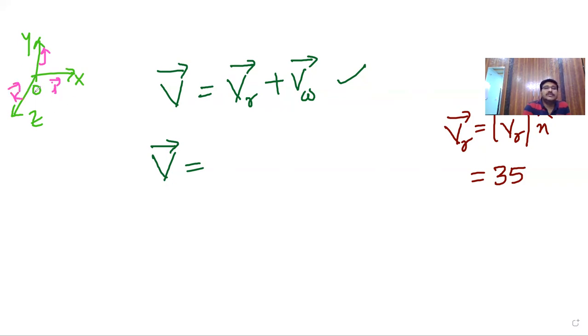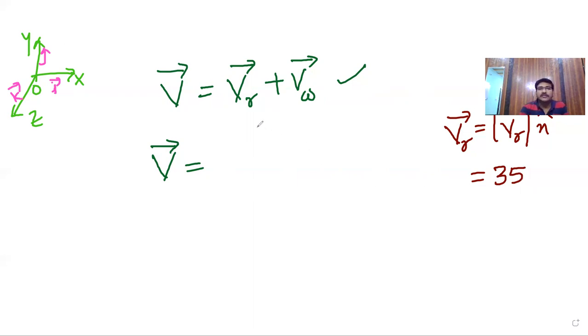These are all positive sides. If I change this to the negative x-axis, it is minus I bar. If I change y to the downward direction, minus j bar. If I change z towards the negative z-axis, then minus k bar.